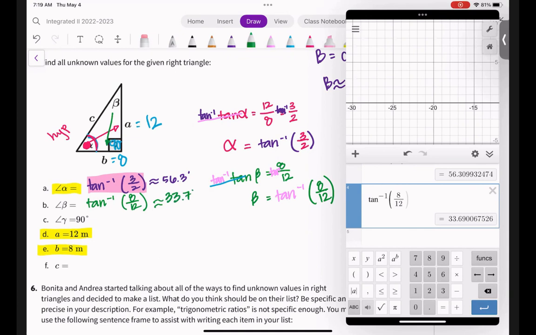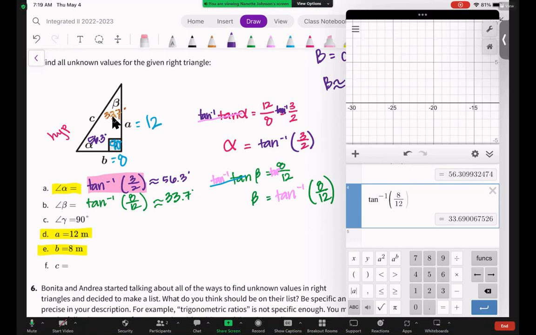So what I like to do is put those angles all back in here and see if this actually fits this triangle. Now, in this triangle we have 33.7, 56.3 degrees, and 90.